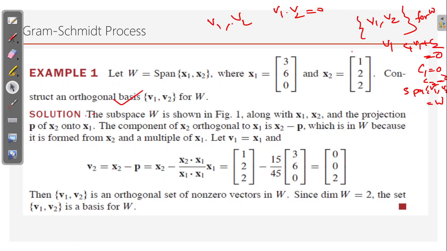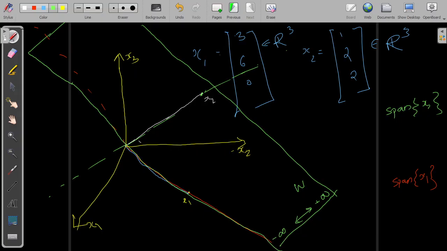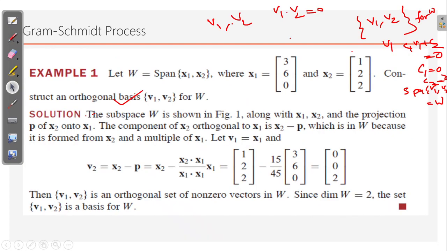So let me consider this procedure. The subspace w is shown in figure 1, and is also shown in this figure as w, along with x1, x2 and the projection p.